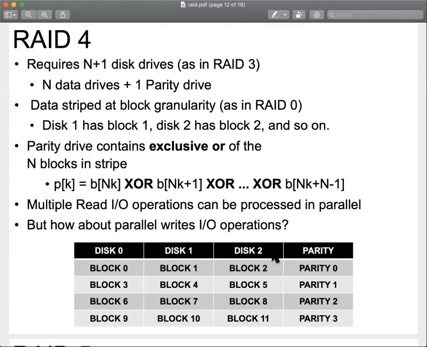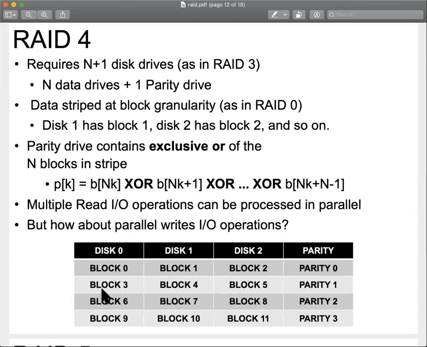Okay, so RAID 4 is very similar to RAID 0 that we discussed earlier, except that there is one parity disk. So again, just like RAID 3, we have n+1 disks. There are n data disks and one parity disk. Now we don't chop off a block into smaller fragments. We keep a block together. So there is a block that comes from an IO operation. It goes on a single disk, right? When block 1 comes in, it goes on disk 1. Block 2, the whole block goes on disk 2, and so on.